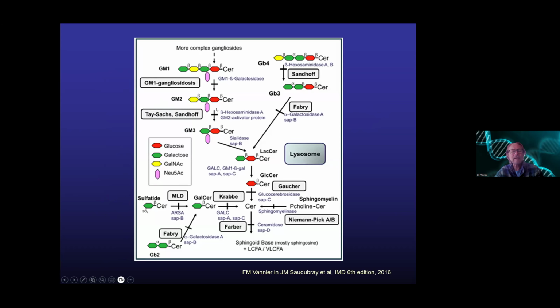And the next enzyme down is hexosaminidase A, with the GM2 activator protein, and deficiency in cleaving off this terminal GalNAc produces Tay-Sachs and Sandhoff's. Sandhoff also has a deficiency in breaking down GB4 and other things. So that's why the phenotype's a little different between the two.